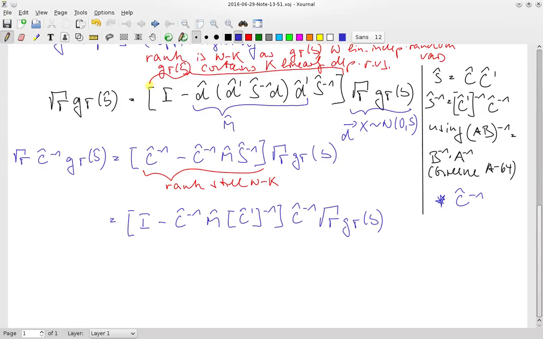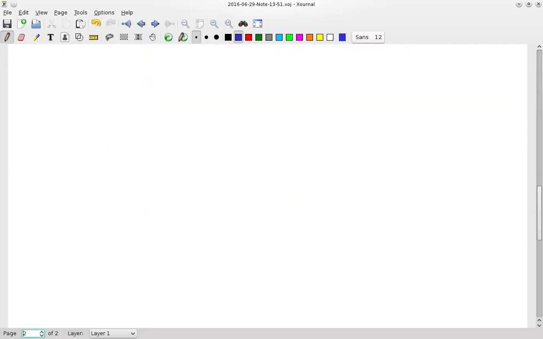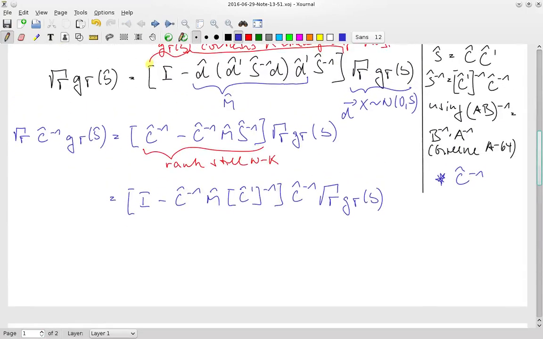So I decided to write S hat to the minus 1 using that decomposition that we see on the right hand side of the slide. And I'm doing that because I wanted to have a matrix which has certain properties.